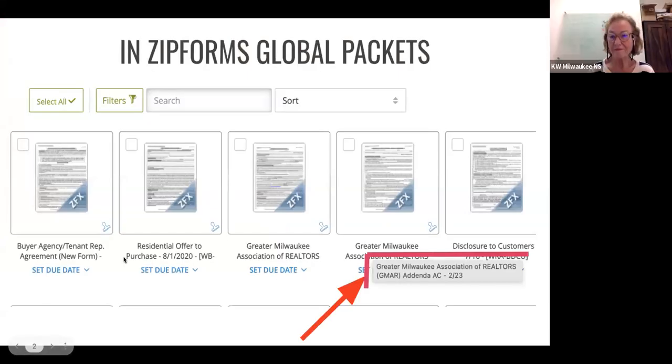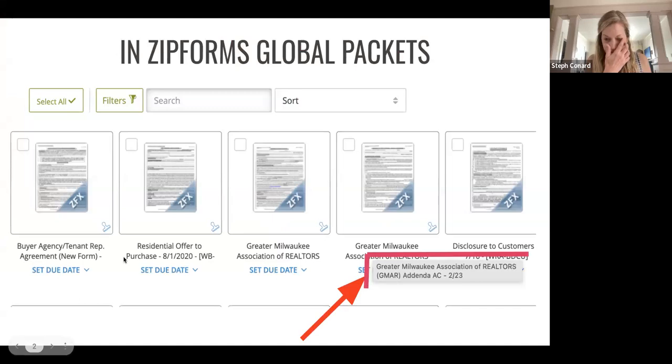Again, I just wanted to always point out where you can find this document. It's labeled almost identically as the GMIR Addendum A. We do have this in our zip forms packets, but if you hover over the zip forms docs, you can see that it comes up.